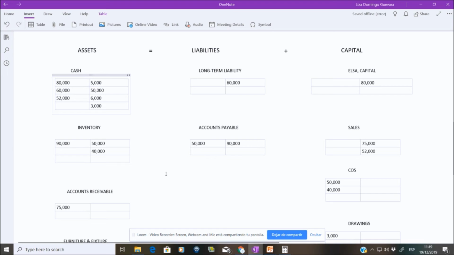So that is how you transfer all your journal entries to the ledger. We call this posting to the general ledger accounts. So after you post all of the journal entries, you will have to know the balances of each of these accounts. So let's try one.